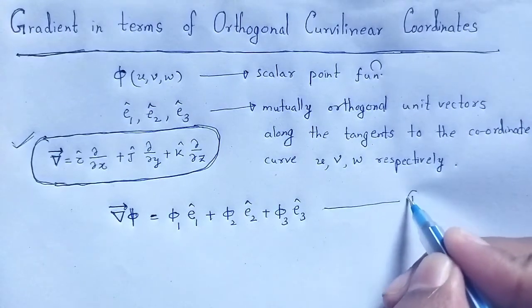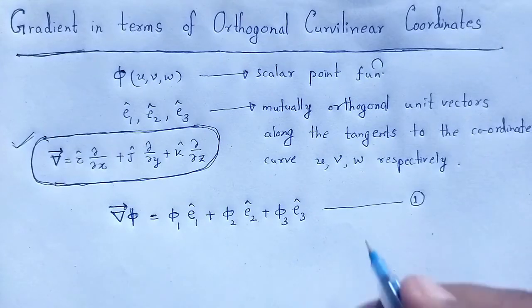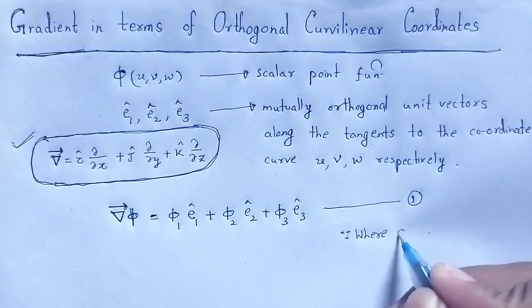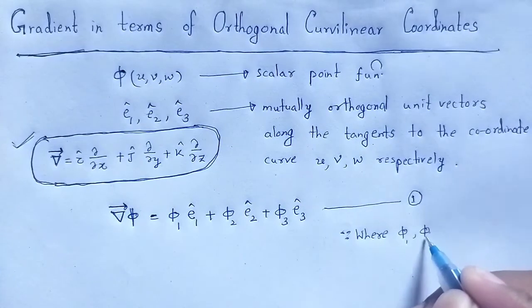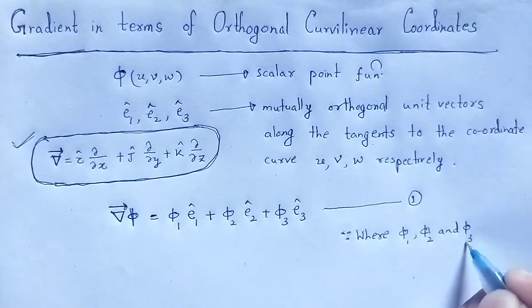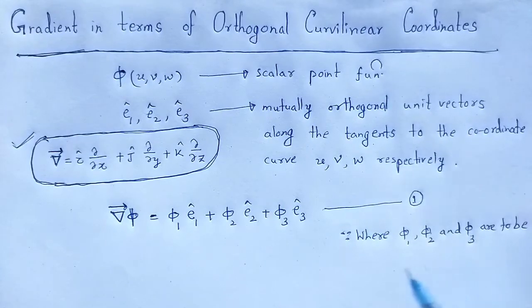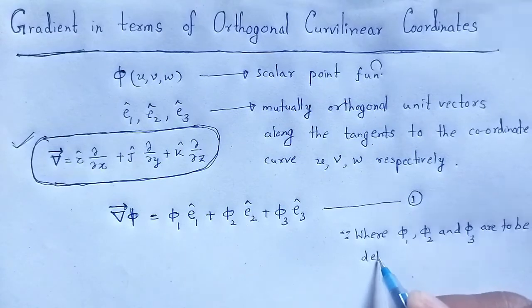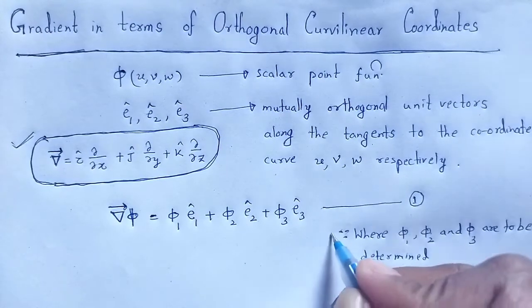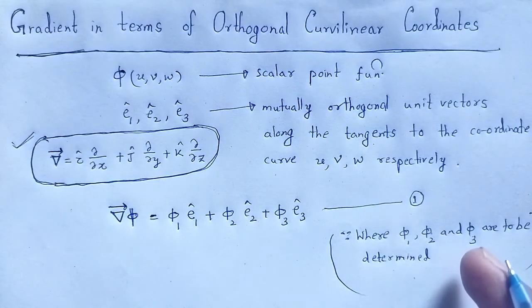Take this as equation number 1, where phi 1, phi 2 and phi 3 are to be determined. We have to determine the values of phi 1, phi 2 and phi 3.